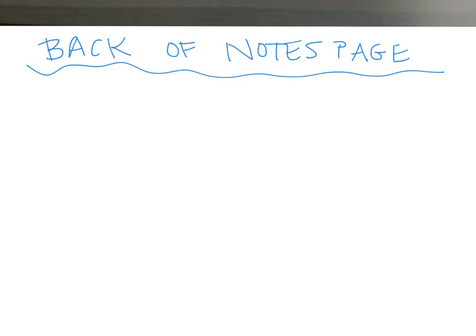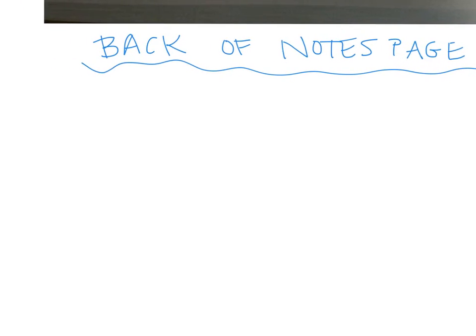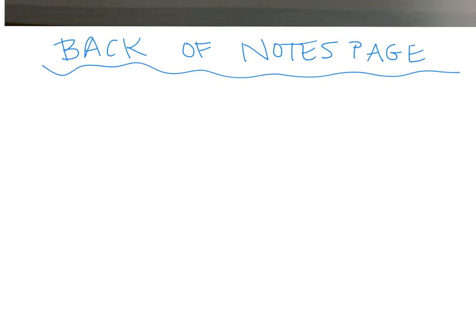And I know you thought you were done, but on the back of your notes page, I want you to write this down. What if I give you 2 over 3 and I tell you these form a proportion and you have to say what x is over 15?